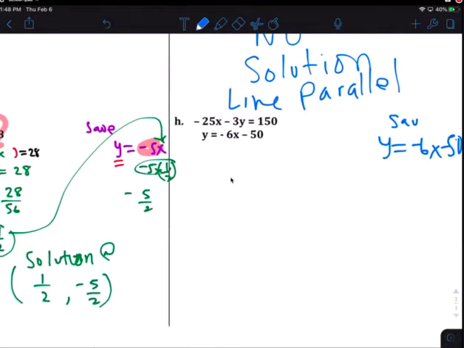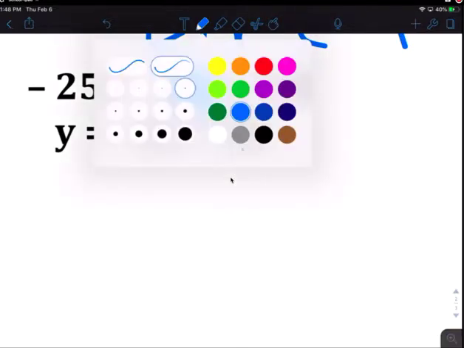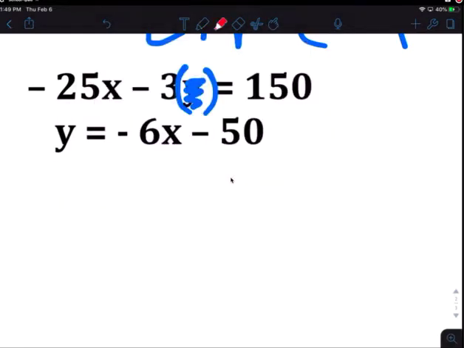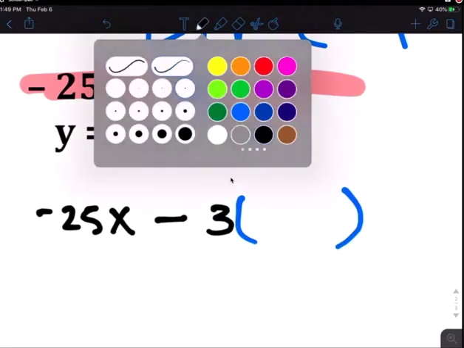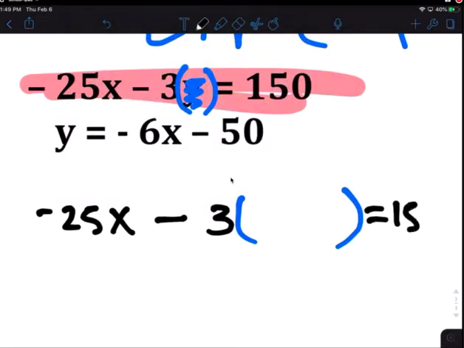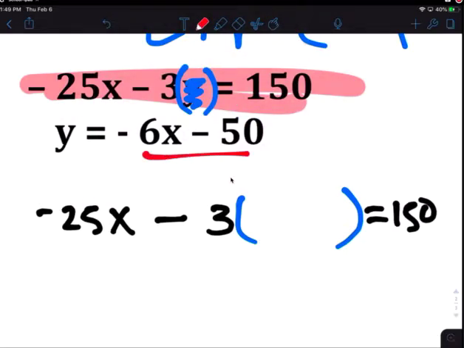Okay. So that means you eliminate, you pretend this is not there, you're going to substitute it with something. So let's, got this right here, you copy that. Negative 25x minus 3 parentheses equal to 150. In that parentheses, you write this down there.